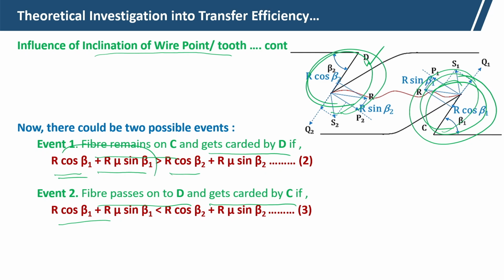Mu we can calculate, and that is the condition required. So the frictional coefficient is related with the wear point angles of both the cylinder and the doffer, and under that condition we can control the fiber transfer.